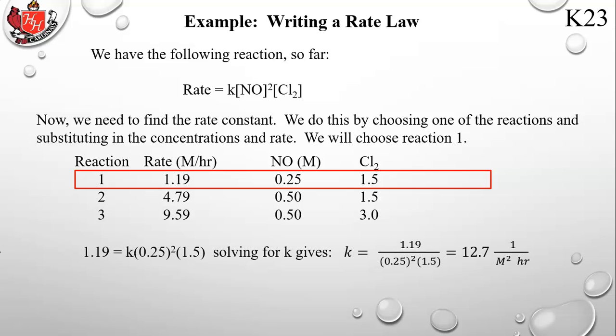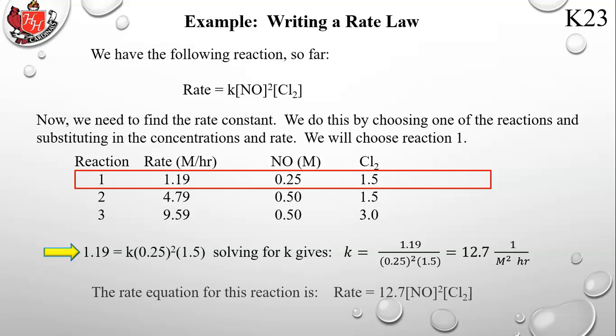So when you do that, down below right there where the yellow arrow is pointing, 1.19 equals K times 0.25 squared times 1.5. And when you solve for K, over there on the right, you end up with 12.7, and it's 1 over molar squared per hour. Okay, we'll talk about how we got that number.